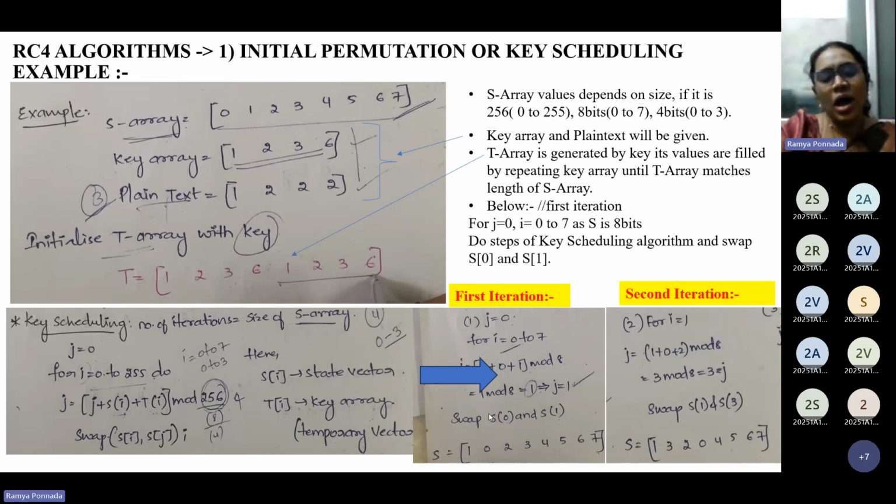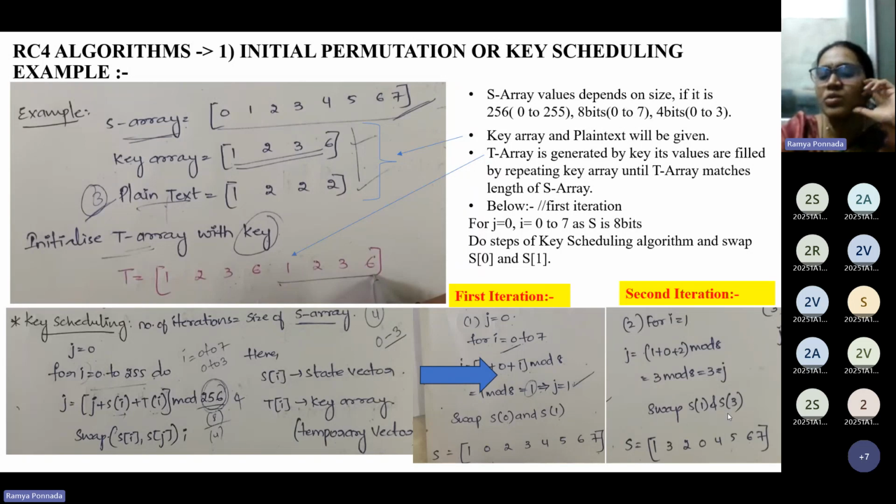In the first iteration i is 0, and the j value we computed is 1. So swap S0 and S1. That is the swapping operation to be done. Whatever 0 and 1 are there, they are swapped with each other, and finally after the first iteration, S is equal to 1, 0, because we have swapped.